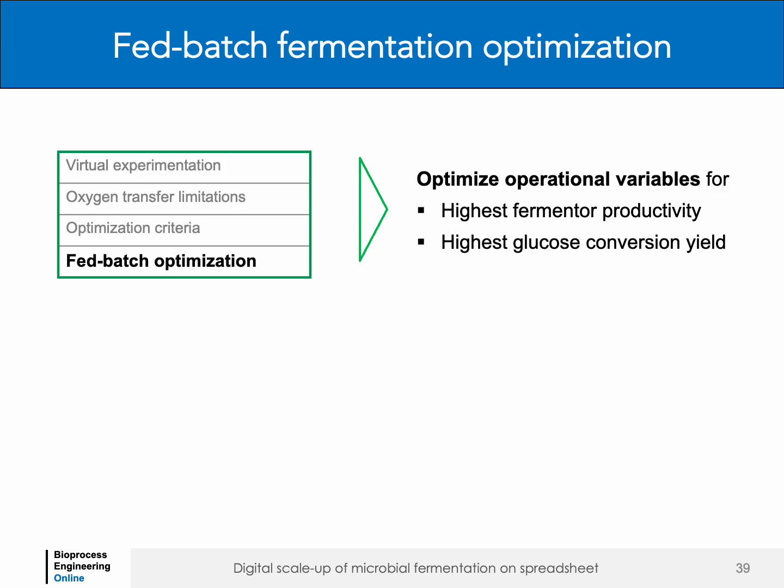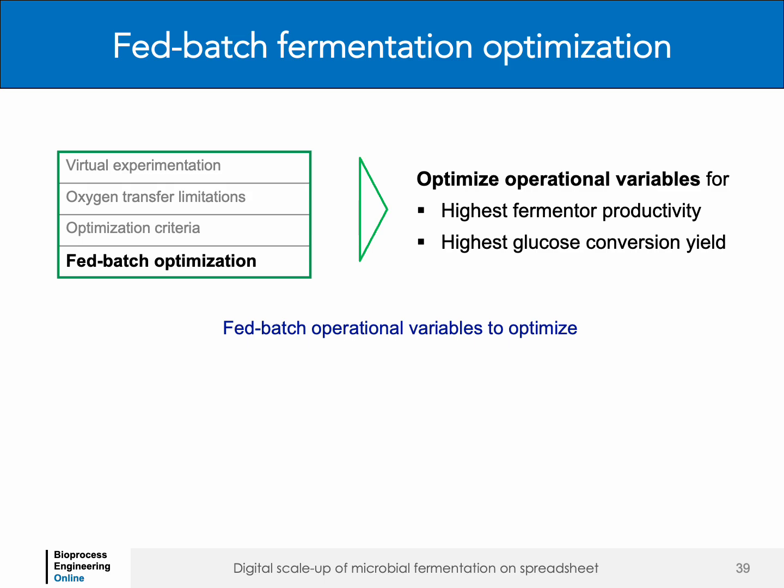The final fermentation optimization section of the spreadsheet determines the optimal operating conditions for yeast-fed batch fermentation in the industrial fermenter. The objective is to identify the fermentation conditions that maximize the previously defined optimization criteria: fermenter productivity and glucose-to-biomass conversion yield.